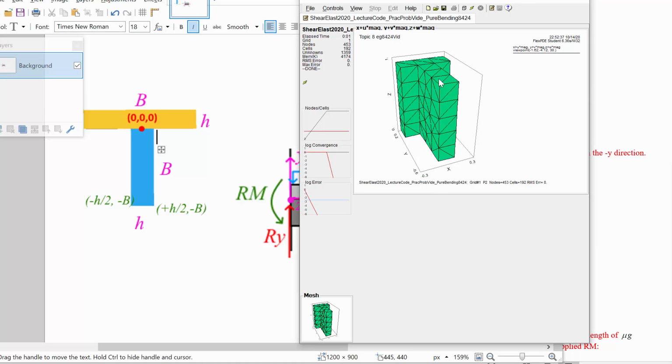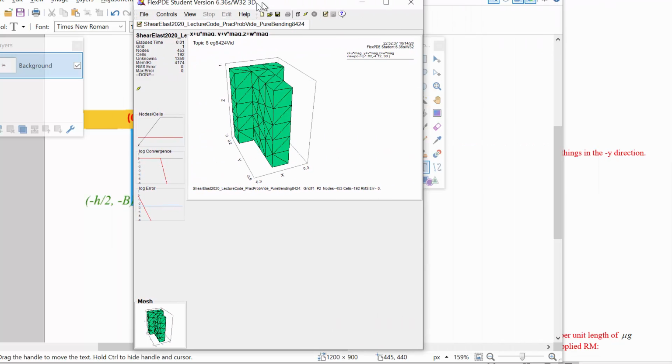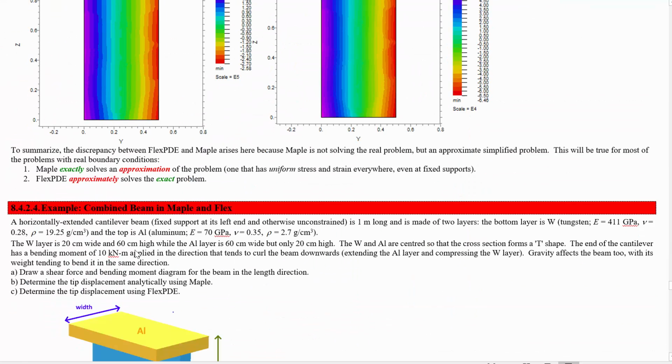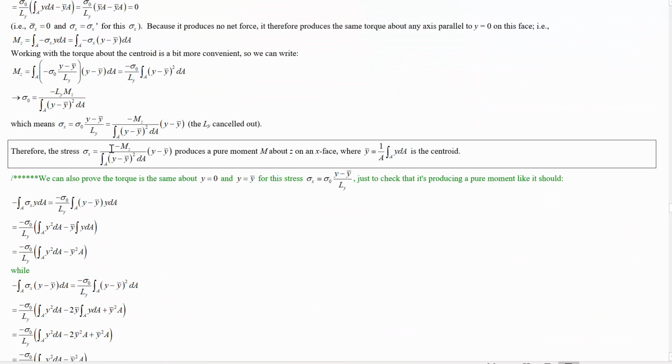Now what we need to do is apply that bending moment on the end of this thing. We have this thing in the notes that we figured out earlier that gets at how you could have a stress distribution that applies a pure bending moment. We worked out that to apply a moment in Z, we needed an X stress distribution, like this.